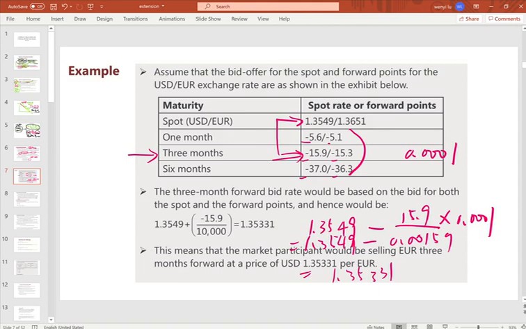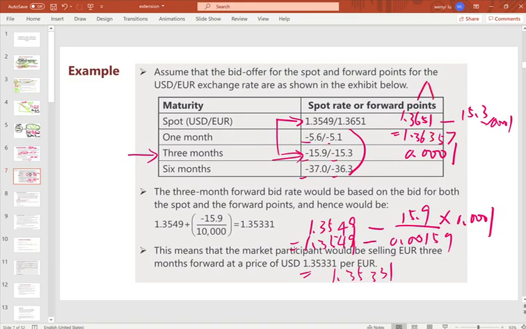For the ask, same. It will be 1.3651 minus 15.3 times 0.0001. So we have 1.36, and 10 minus 3 is 7, and 10 minus 5 is 5, so 1.3657, and 4 minus 1 equals 3, so 1.36357.